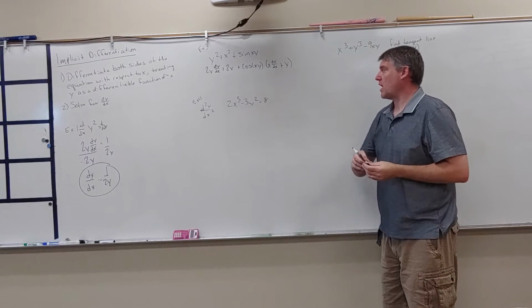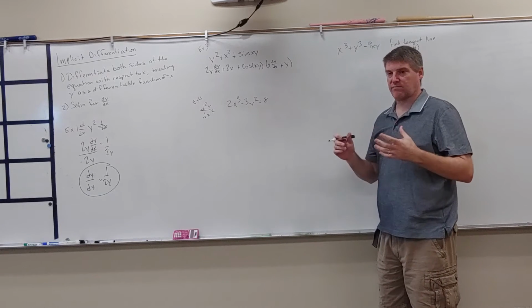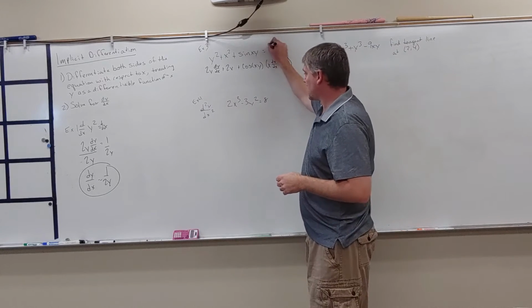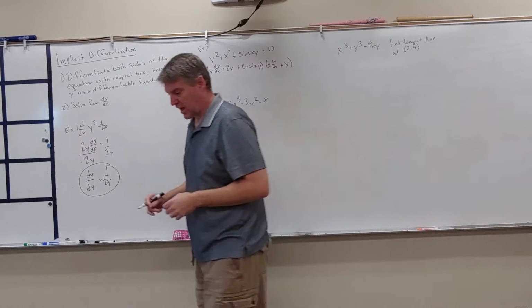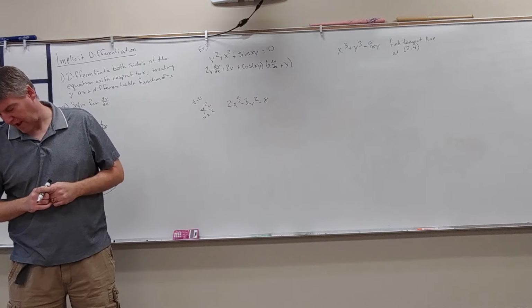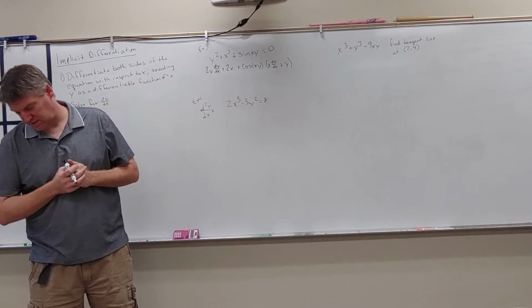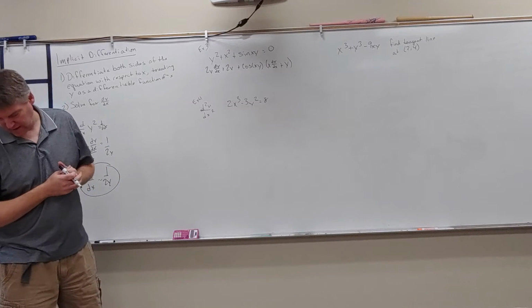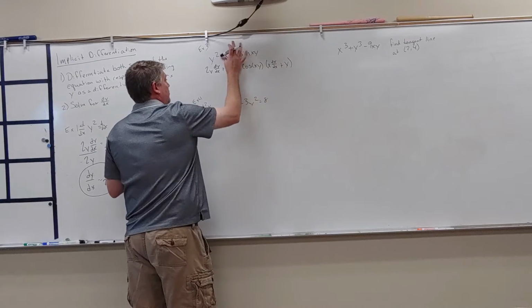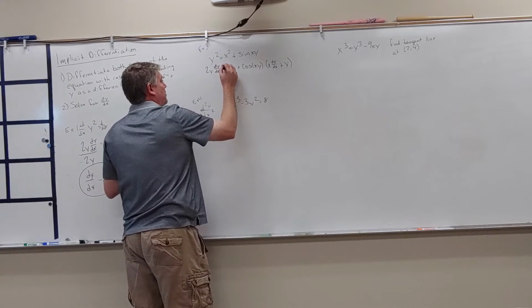Now I need to get this to where I can solve for dy/dx. Oh, actually, that wasn't equal to 0. This is the equal sign right here. Sorry, I miswrote that.